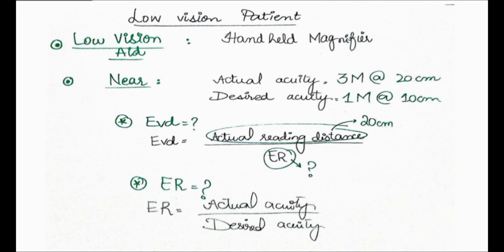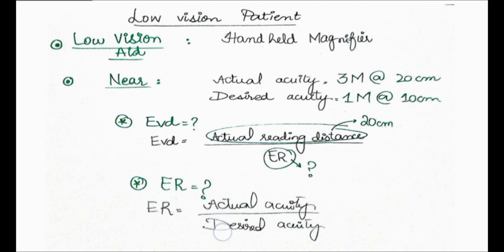So we need to measure ER, the enlargement ratio, and for it we have a formula: actual near acuity divided by the desired near acuity. Here we have the actual acuity, which is 3M at which the patient responded, and the desired acuity is 1M. So we can find the enlargement ratio.